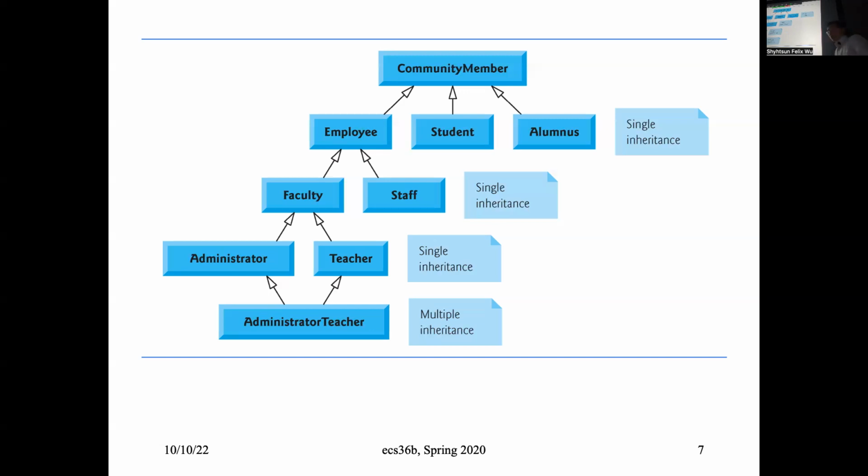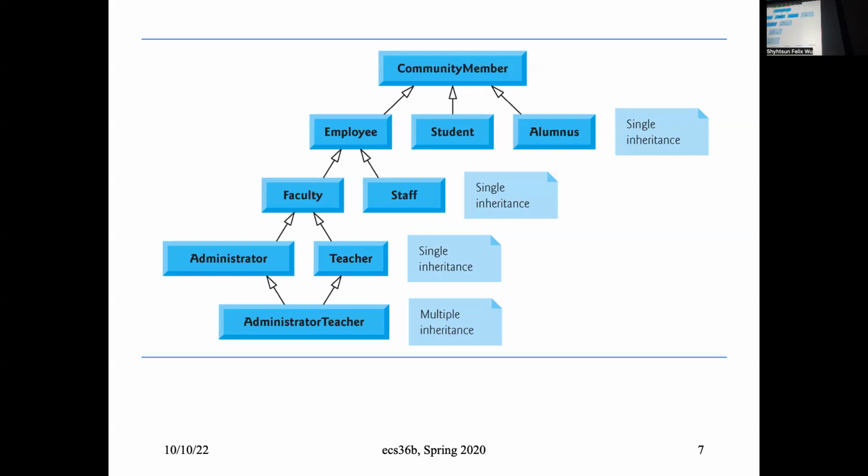So I mentioned there is something called multiple inheritance, which is in your homework assignment. You will see that. Assume there is somebody who is a faculty member, and he became an administrator.